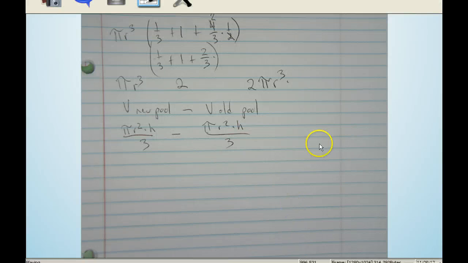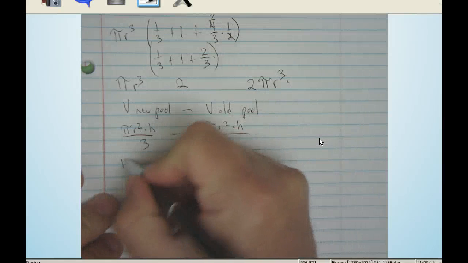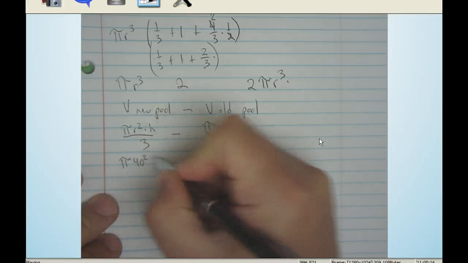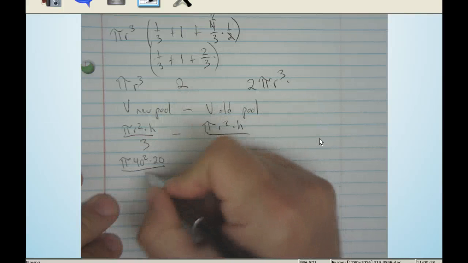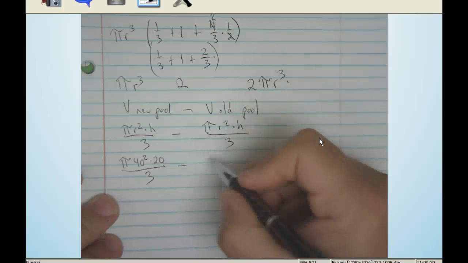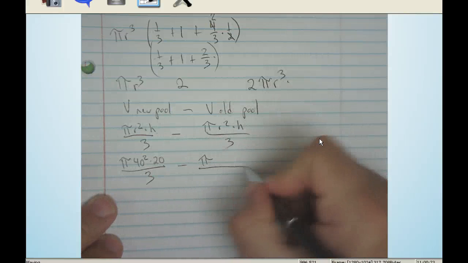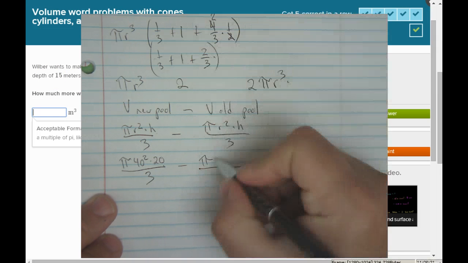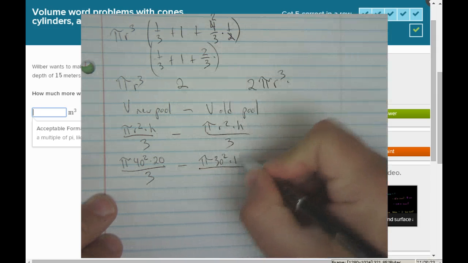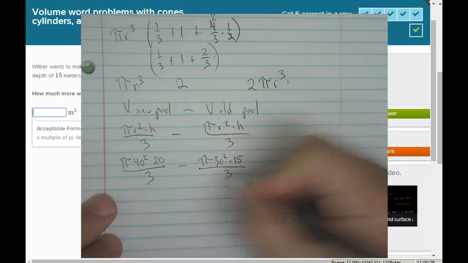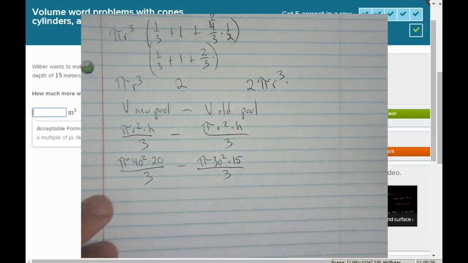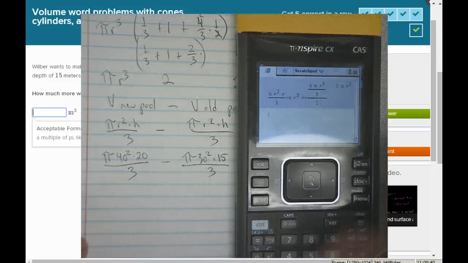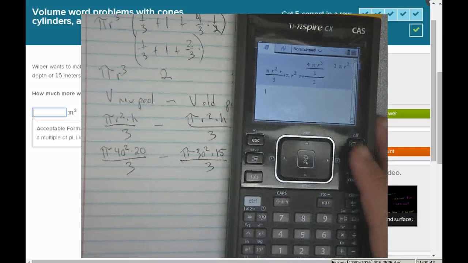So we'll go back in here. So I go pi 40 squared times 20 over 3 minus pi, and the old one was radius of 30 and depth of 15. So here we go, pi 30 squared times 15 over 3. Okay, so I'm just going to save us all a little bit of time, just put it straight in my calculator.